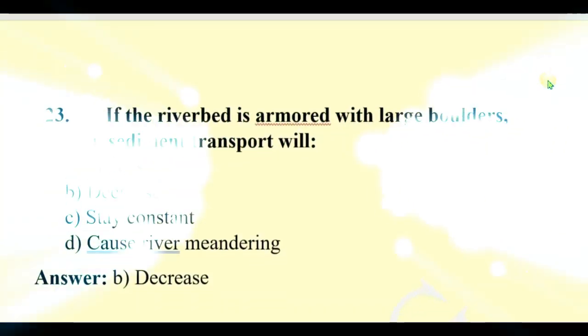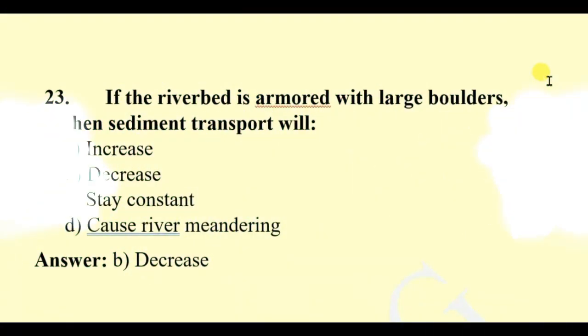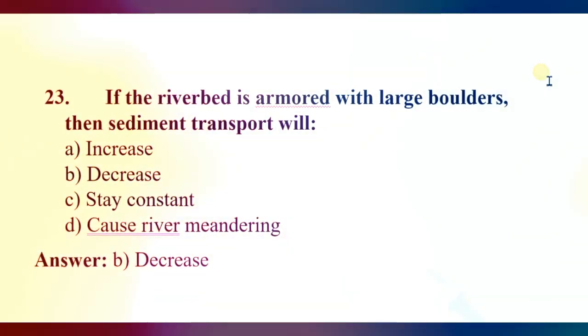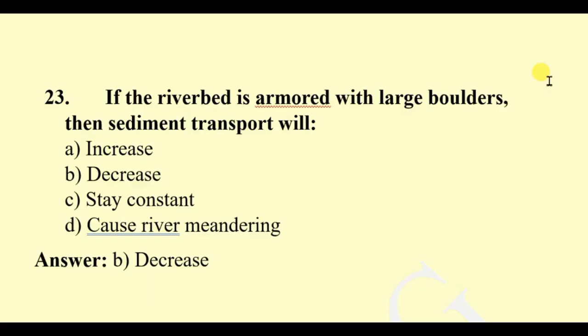Question 23. If the riverbed is armored with large boulders, then sediment transport will increase, decrease, stay constant, cause river meandering. Here the right answer will be decrease, because armored with large boulders means to transport that sediment more energy will be required, and if that much energy or critical shear velocity is not present, then it will decrease.